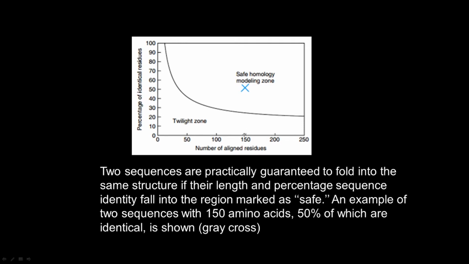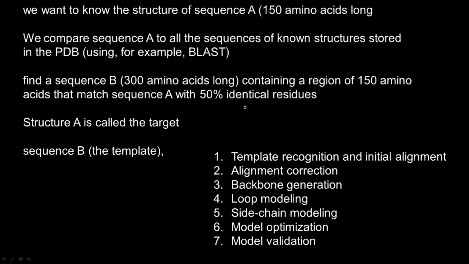For example, if you have 150 amino acids and 50% sequence identity, that's fantastic. We can say they both will have a similar structure. Even if you go down to 35%, we can still say they will come to the same structure. So in homology modeling, what is done?